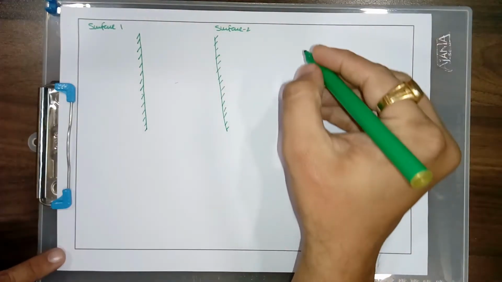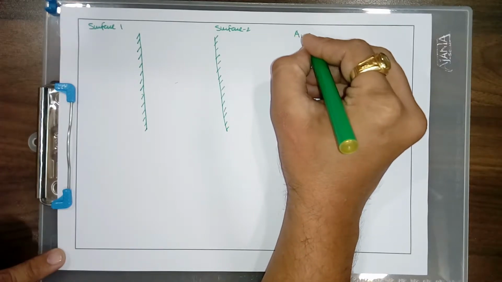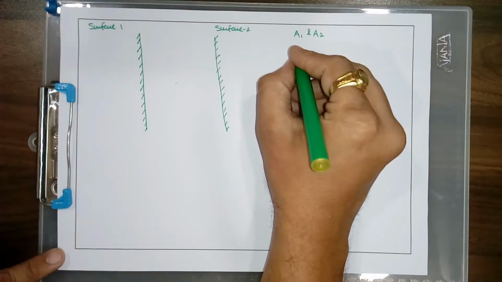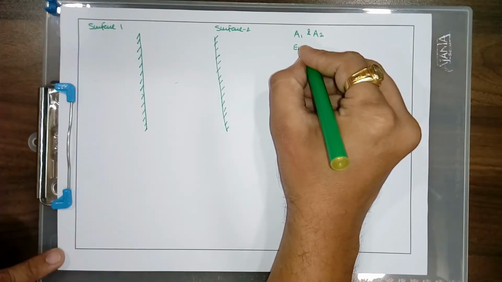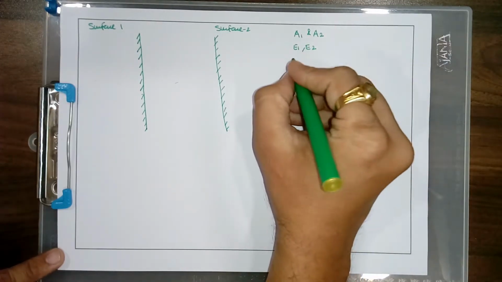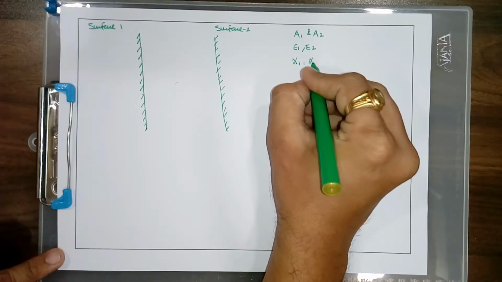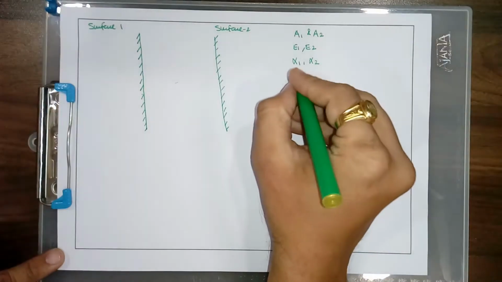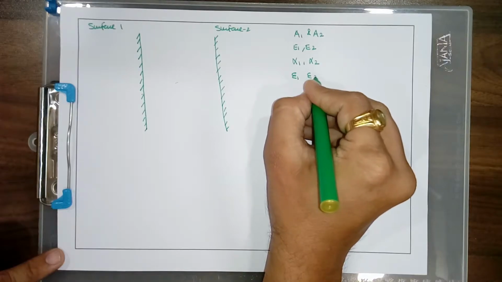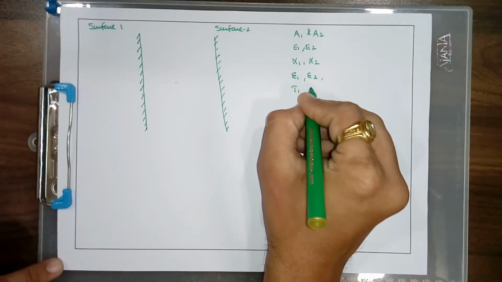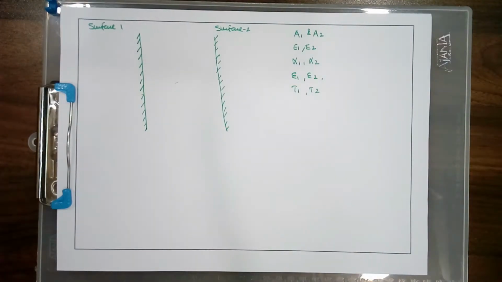The area of surface 1 is A1, and the area of surface 2 is A2. E1 is the emissive power of surface 1 and E2 is the emissive power of surface 2. Alpha 1 and alpha 2 are the absorbivities of the respective surfaces, epsilon 1 and epsilon 2 are the emissivities, and the temperatures are T1 and T2 for surfaces 1 and 2.